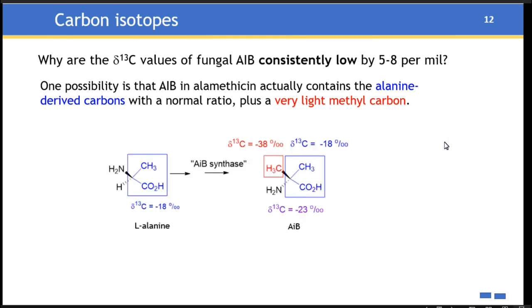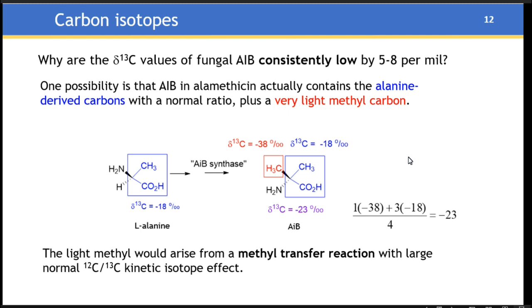For instance, this would entail alanine with a del C13 of minus 18 per mil reacting with some kind of AIB synthase, attaching a new methyl to it, which would result in minus 23 per mil. For that to happen, this new methyl would have to be very light, minus 38 per mil. You can see the weighted average of minus 38 and three times minus 18 gives you minus 23.